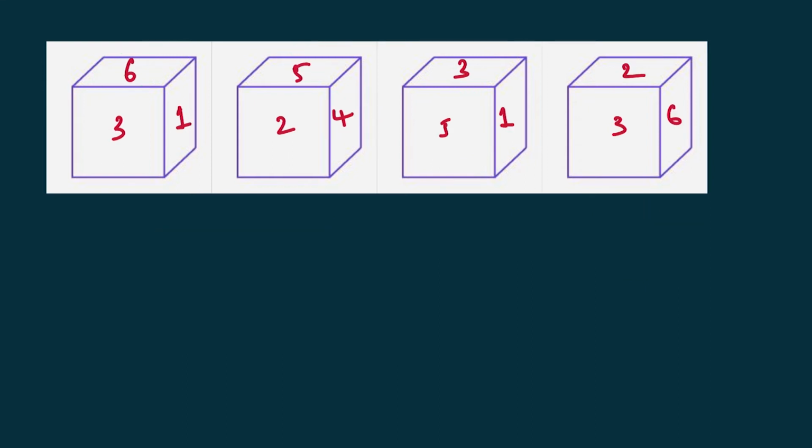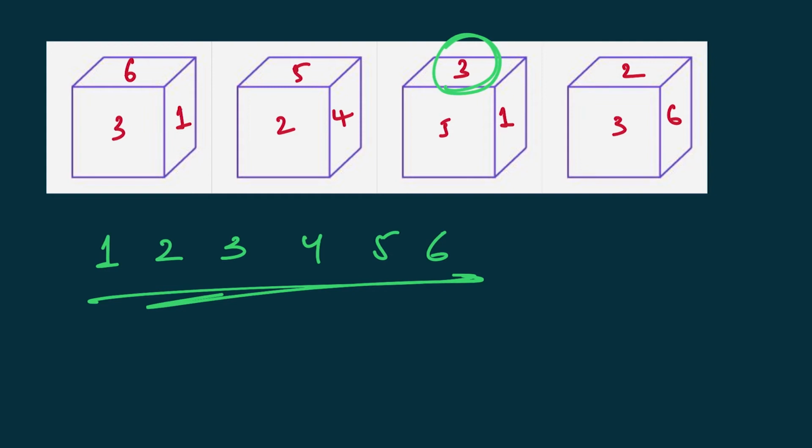For this given figure, find the opposite side of 3. First note 1, 2, 3, 4, 5, 6, because this dice has only 6 faces and we can see the numbers from 1 to 6 only. Mark where 3 is. 1 and 6 are adjacent to 3, so they cannot be on the opposite side of 3.